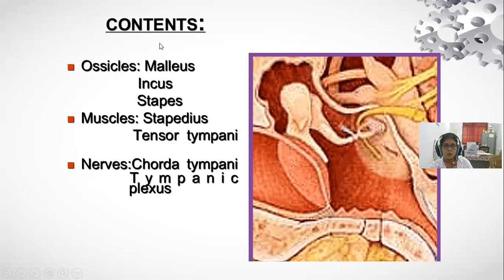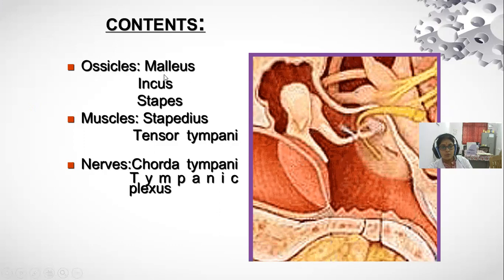Now, what are the important contents of the middle ear? Apart from your ossicles, muscles, and nerves, the most important content of the middle ear is air. Your middle ear, as you all know, is ventilated through the eustachian tube. For the normal physiology of hearing, the presence of air is very much essential.